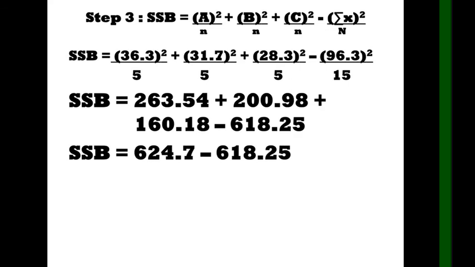And then add all the three numbers, we will get 624.7 and subtract it to summation of x squared over n, and we will get 6.45.